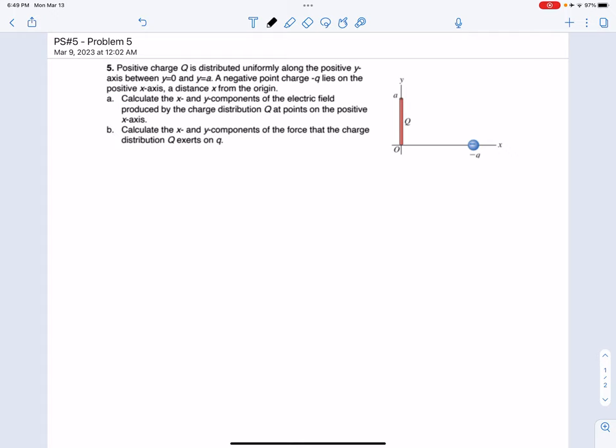Okay. So the problem states that negative point charge Q, or negative Q, which is this guy right here, is a distance of x from the origin.